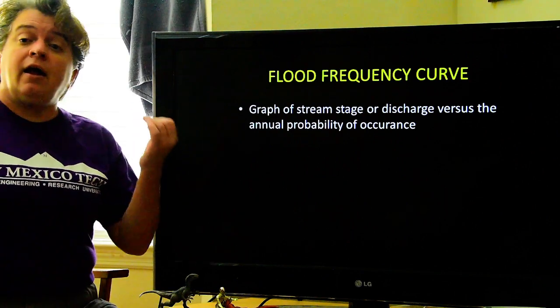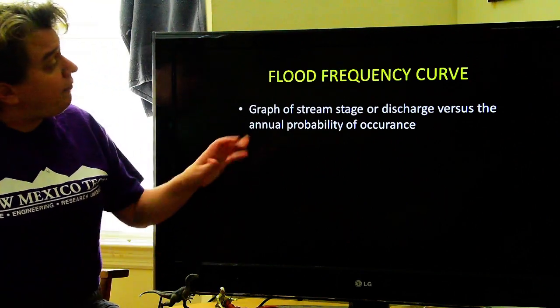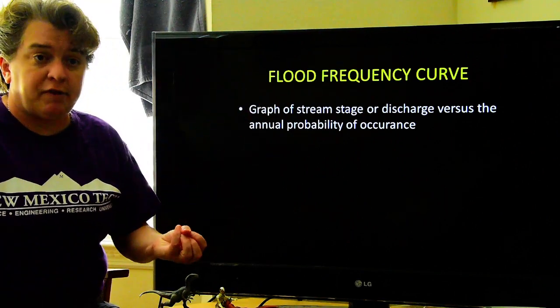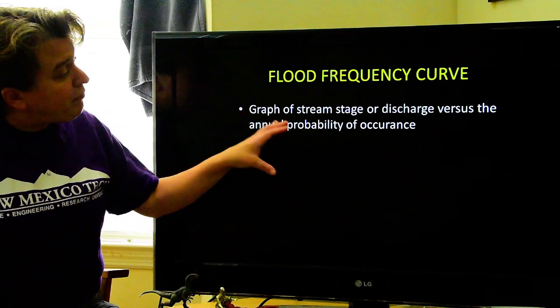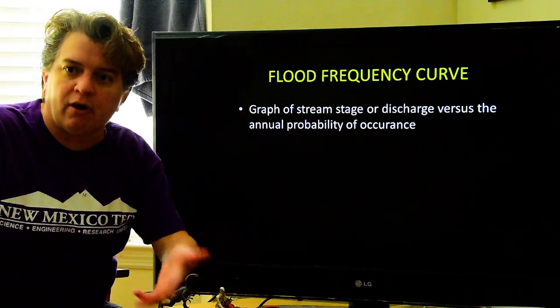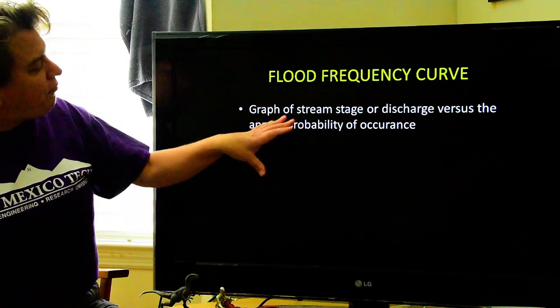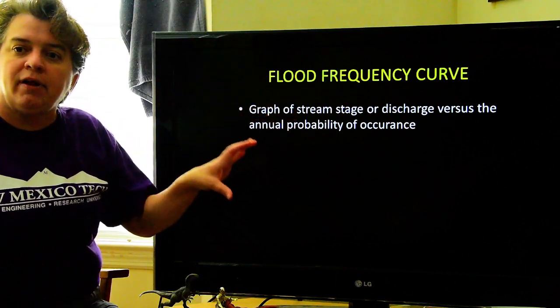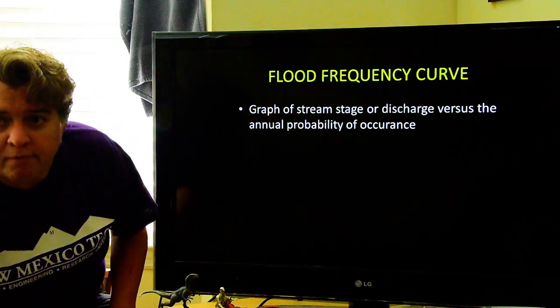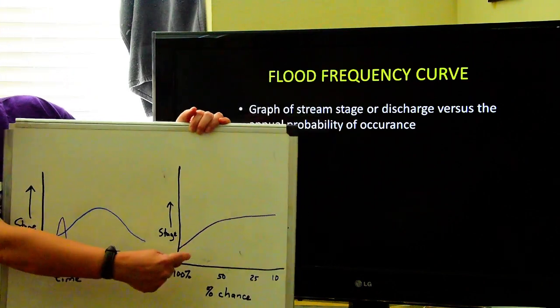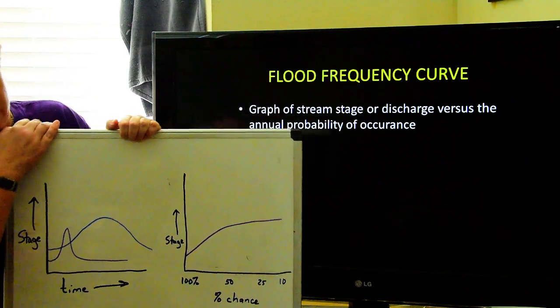All right, now a different graph that we have is a flood frequency curve. And this is a graph of stream stage, or again, discharge, the volume of water in there, versus the probability of occurrence. So this is this other diagram here.